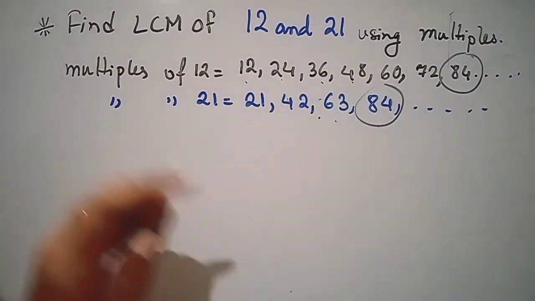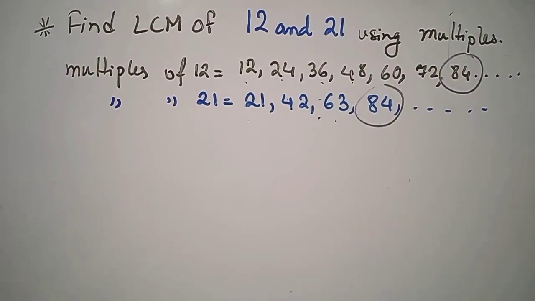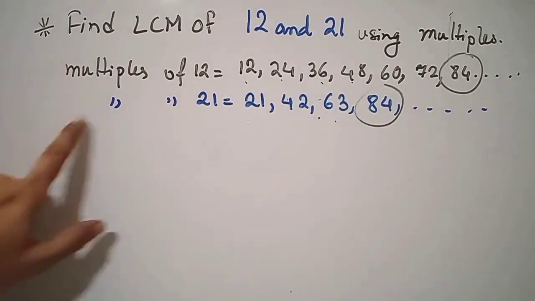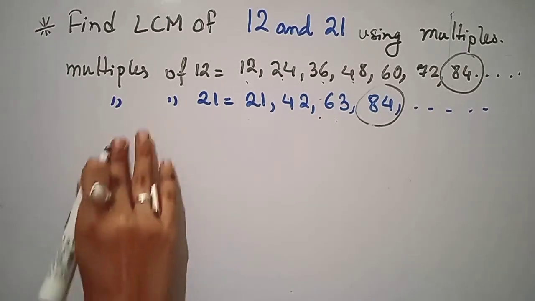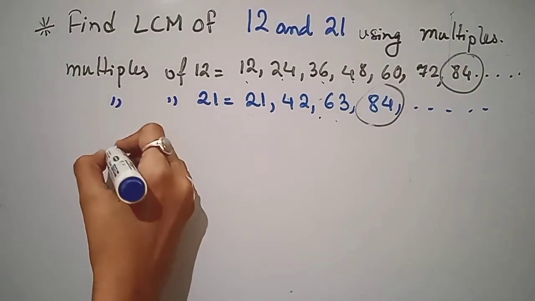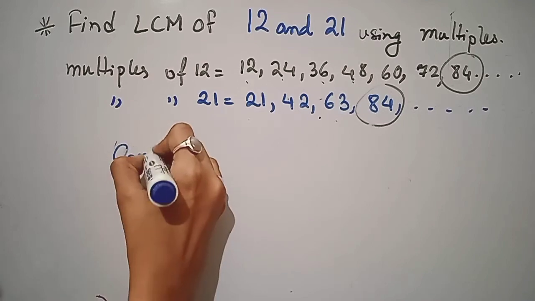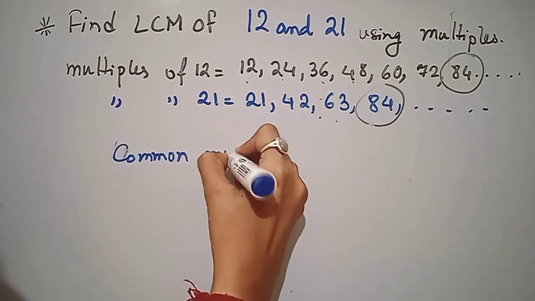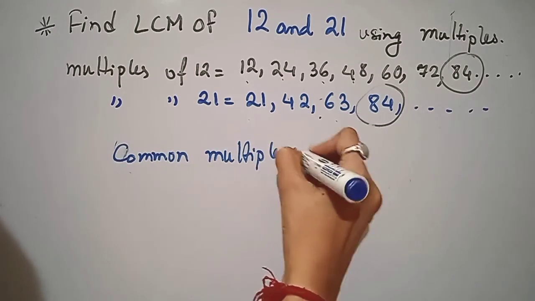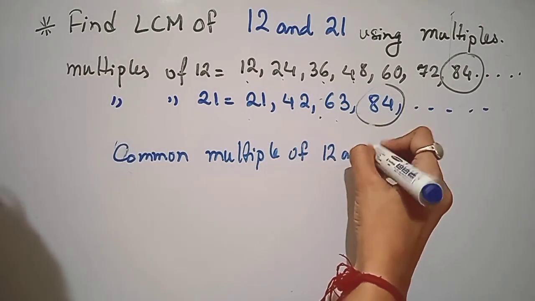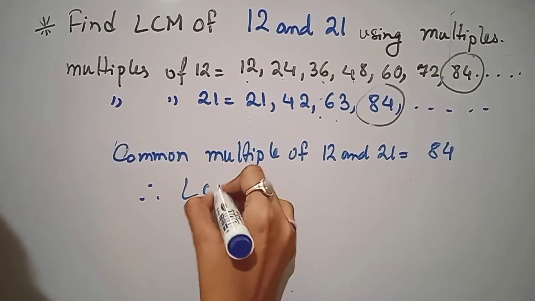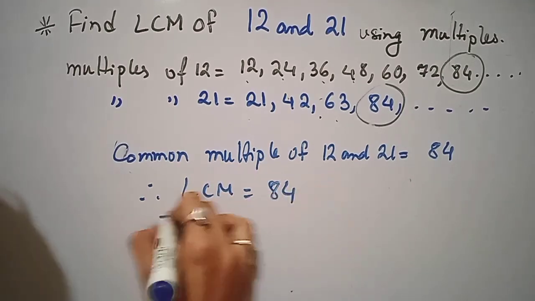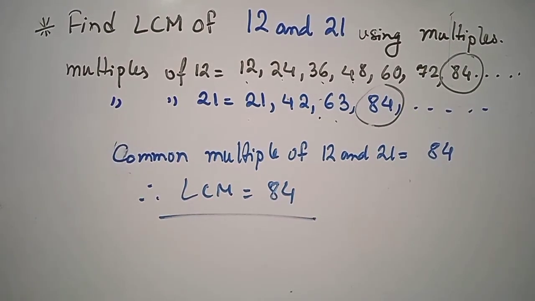So the smallest common multiple between these two numbers is 84. So the common multiple of 12 and 21 is 84. So LCM will be 84. Okay, this will be my answer.